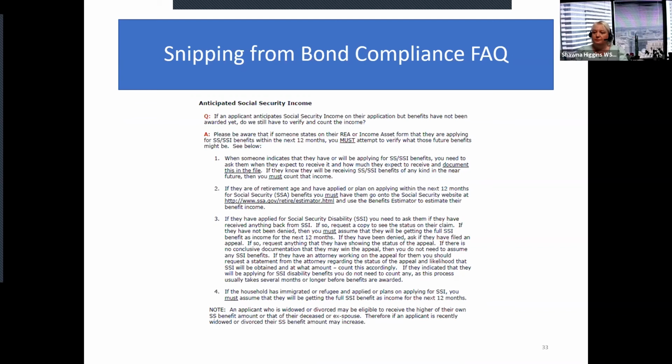If they indicated that they will be applying for SSI disability benefits, you do not need to count any, as this process usually takes several months or longer before benefits are awarded. And number four, if the household has immigrated or are refugees and applied or plans on applying for SSI, you must assume that they'll be getting the full SSI benefit as income for the next 12 months.